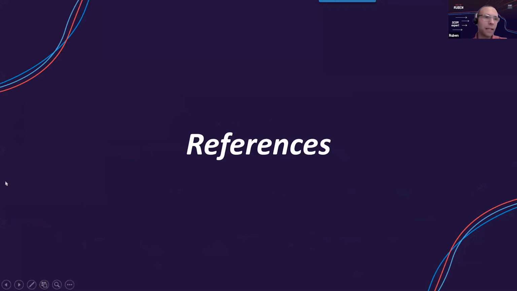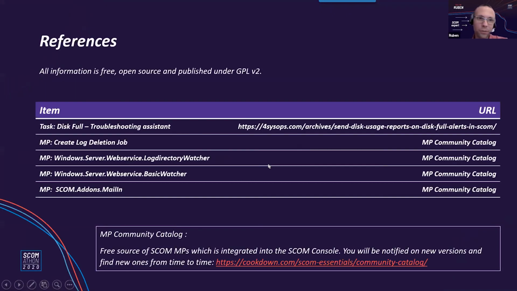Yeah, okay. Last slide deck, but still I would like to show you a little bit of the code behind. References, so where can you find the stuff that I just showed to you? For the disk full troubleshooting assistant, the one that I showed you at the beginning, there's a blog post on SysOps that you can just visit and then find the script and everything else.